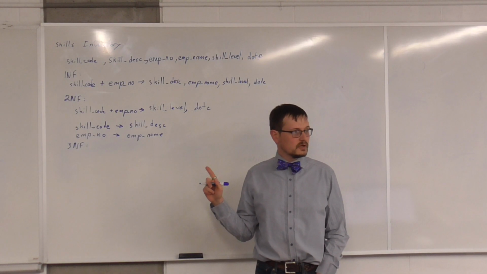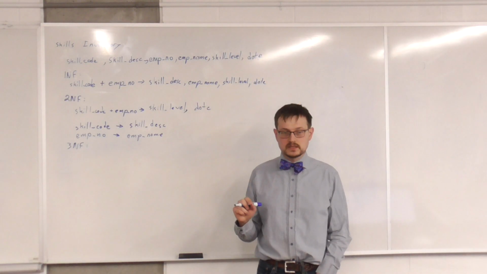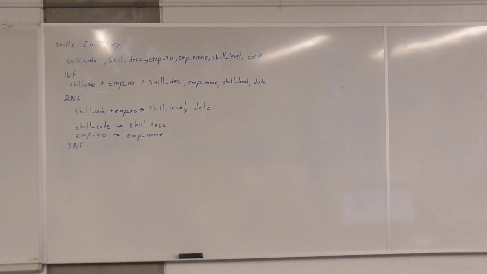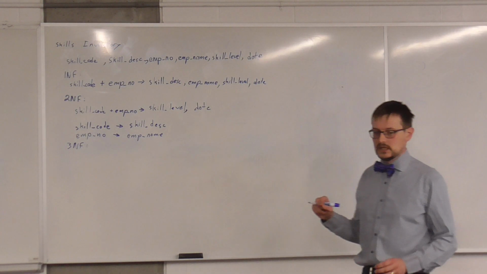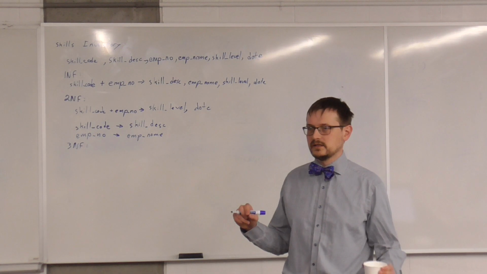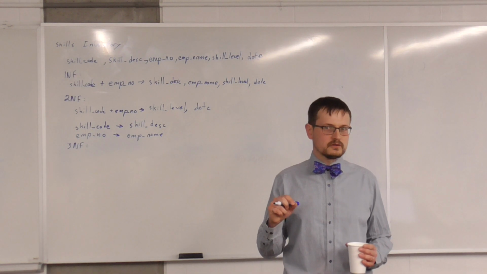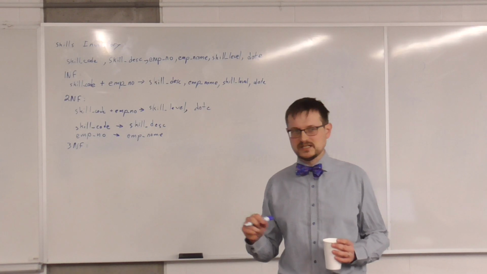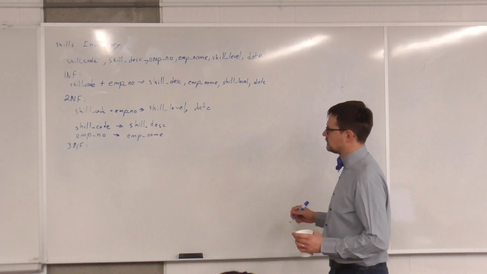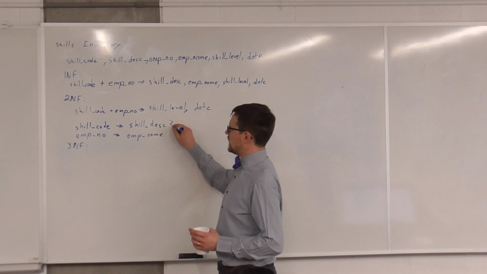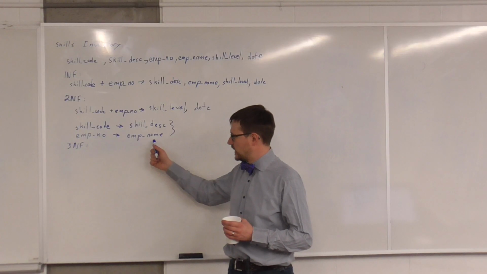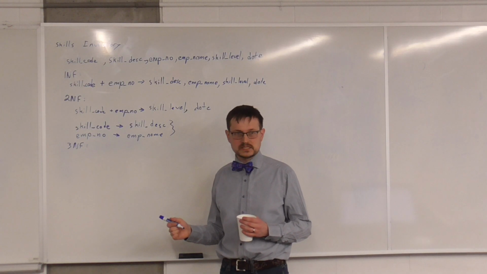Here, we are trying to isolate any attributes which are not dependent on the key for the table, but dependent on some other non-key attribute in the table, right? In the case of these two tables, we only have one dependent attribute anyways.